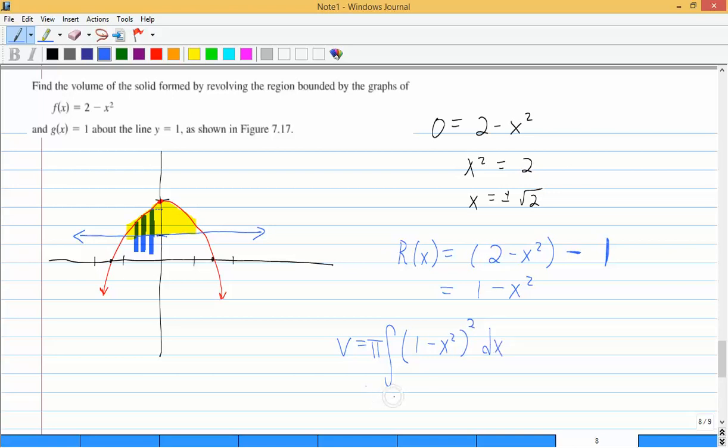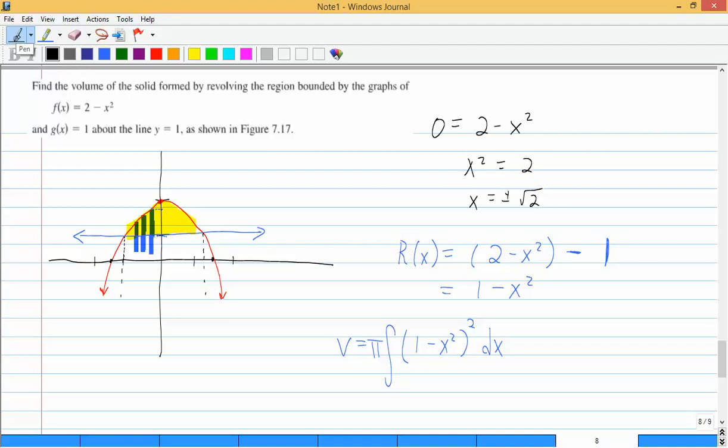Now we have to figure out the boundaries. The boundaries are going to be the intersection points. So from here to here. Now don't always trust your eyes. Okay? I'm sure I didn't graph this to scale. So how do we figure out those intersection points?